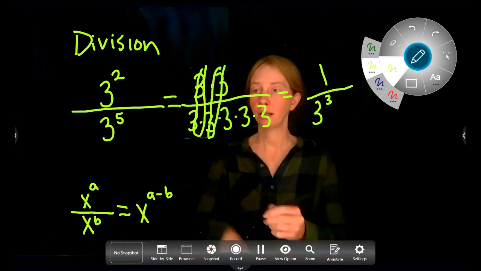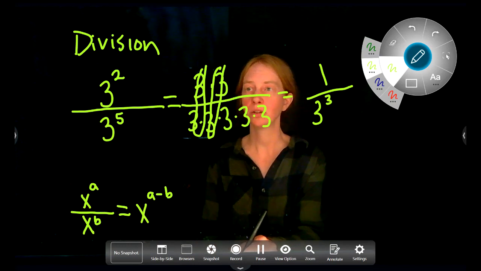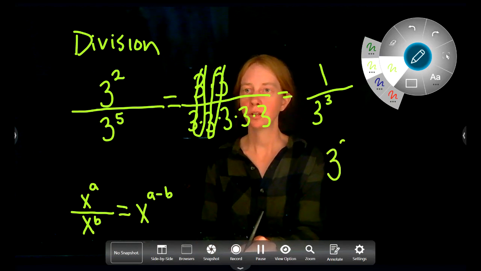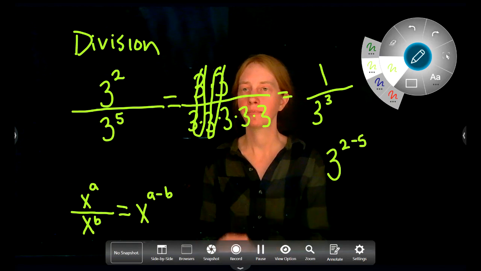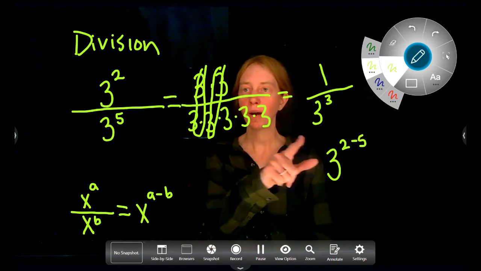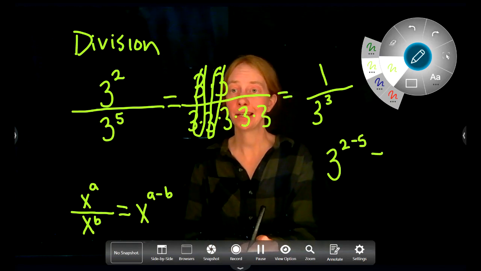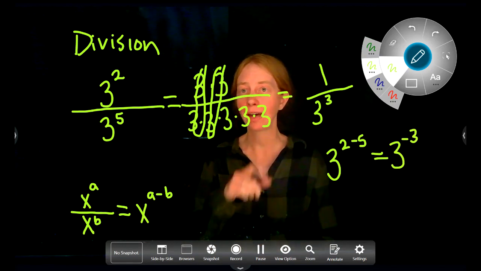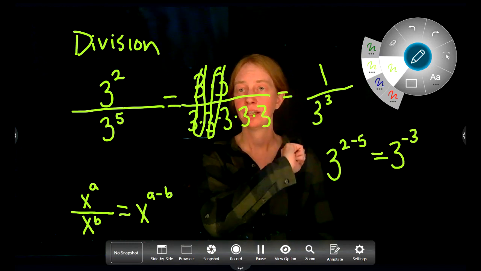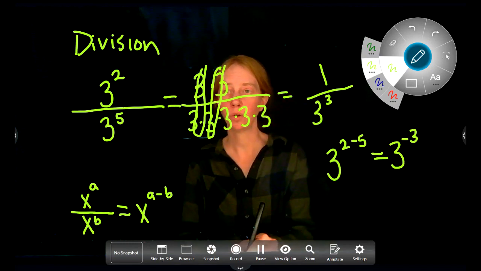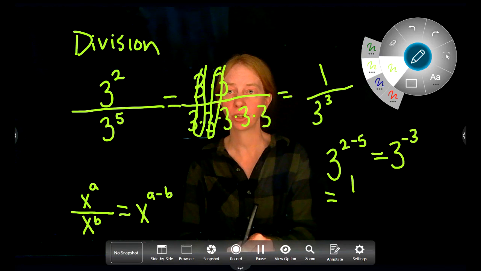Now, up here, if we had done this rule, we would get 3 to the 2 minus 5. Okay, 2 minus 5 is -3. And the special thing about exponents that are negative is that negative exponents get moved to the bottom of the fraction.